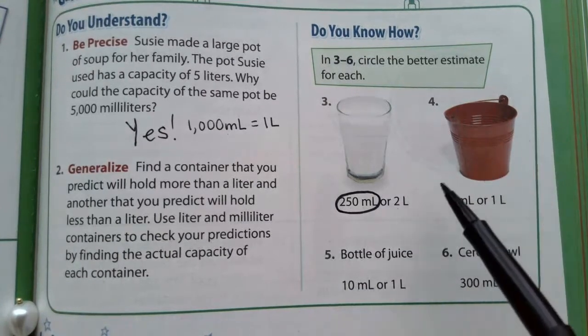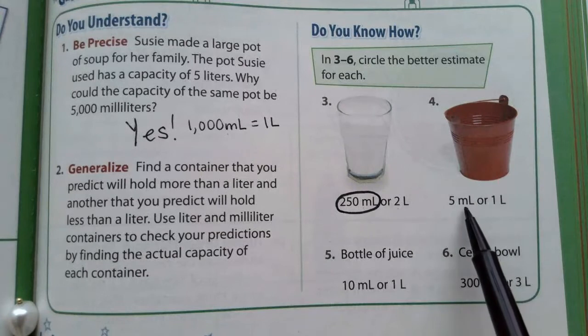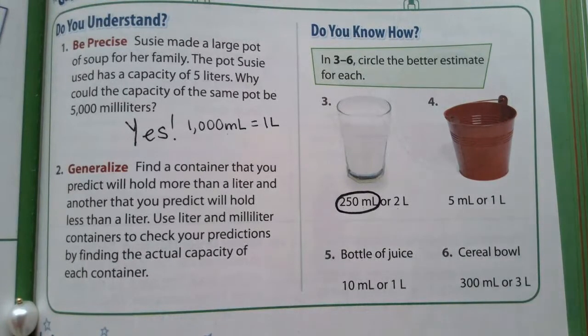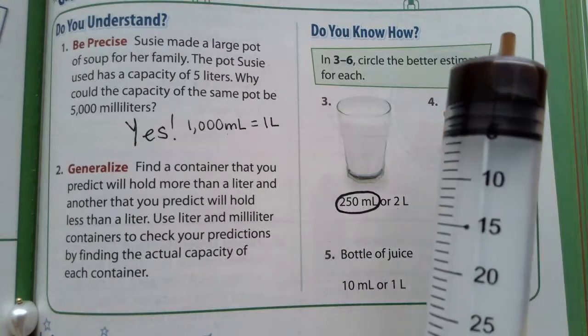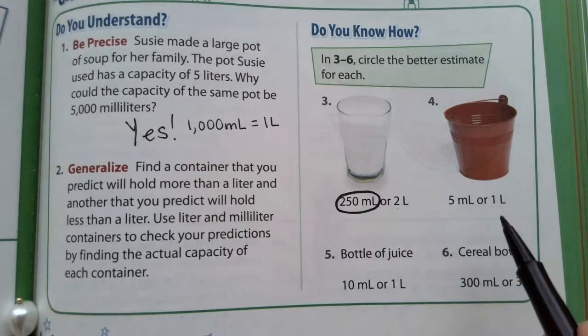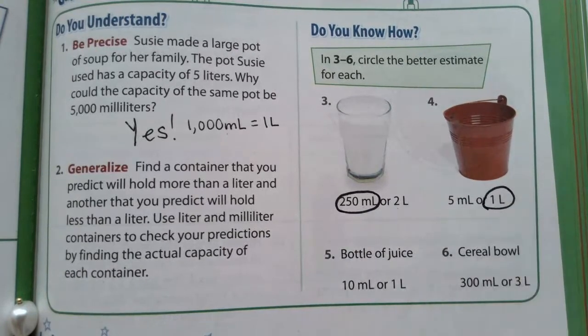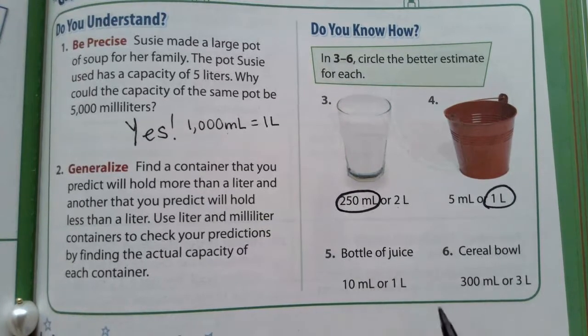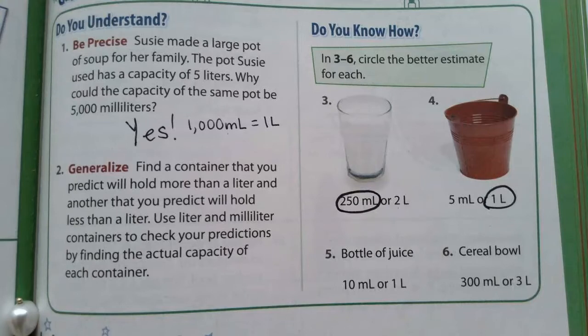Number 4. Is this closer to 5 milliliters or 1 liter? Well, I know 5 milliliters is this amount right here, and that's definitely less than that big bucket. So I think it would be 1 liter. I'm going to estimate that it is 1 liter. What about a bottle of juice? A whole bottle of juice.